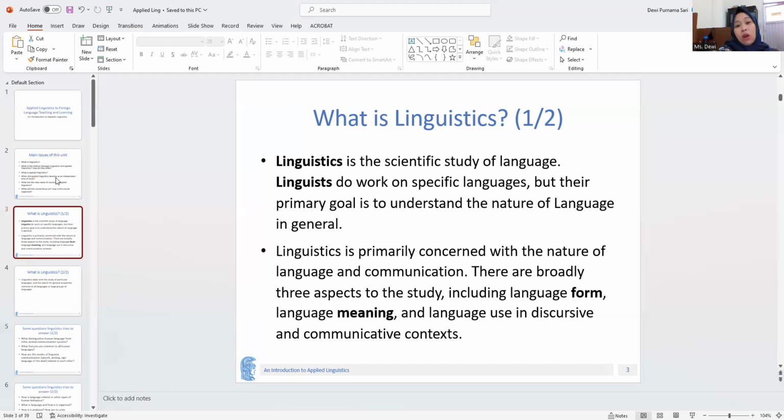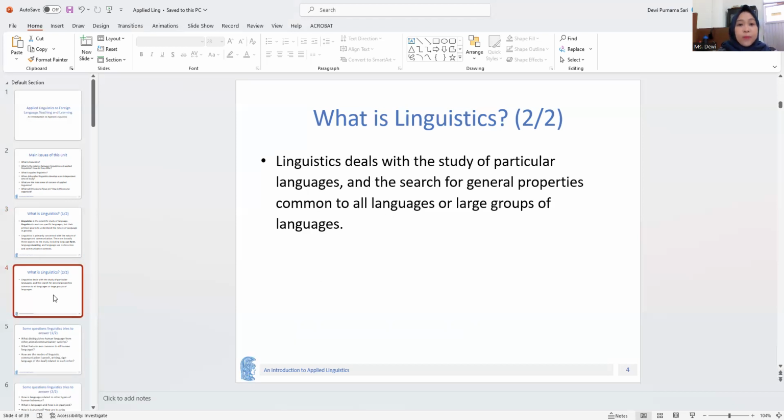So it has a strong relationship between language and also communication, how language is applied in our daily life. There are broadly three aspects to the study. The first one is language form, language meaning, and language use in discursive and communication contexts.